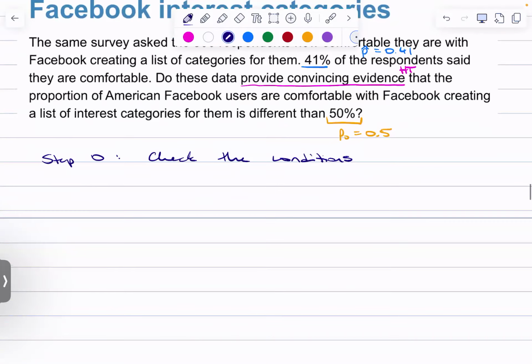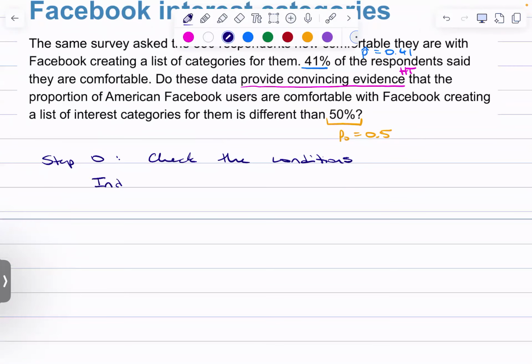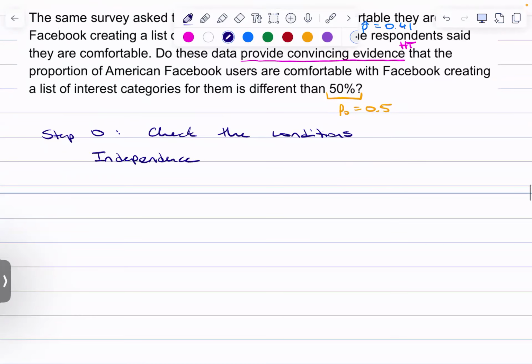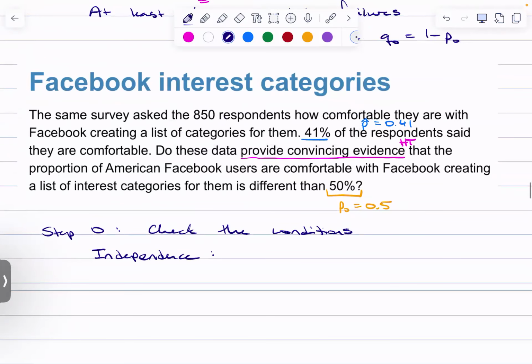Okay. And so for the independence, it doesn't say in this blurb that they were randomly selected. And so then what do we do? We say we assume the sample was randomly selected, right?